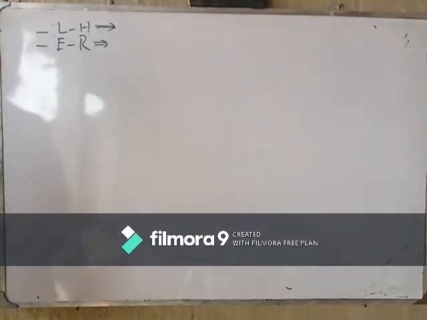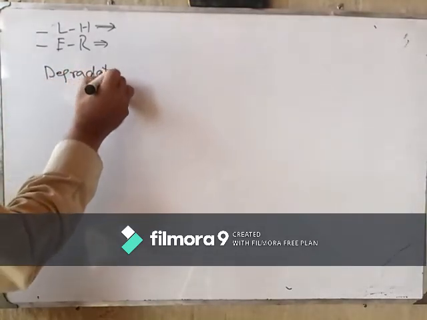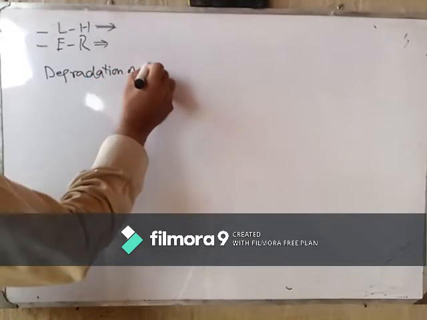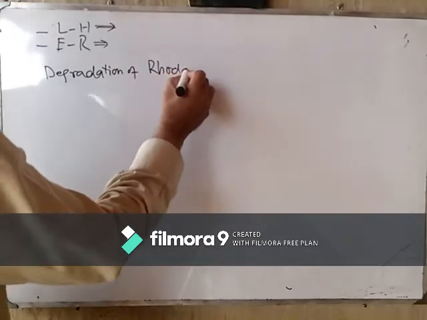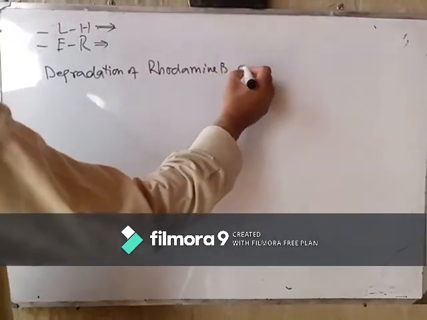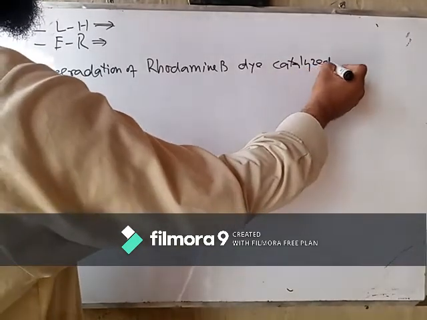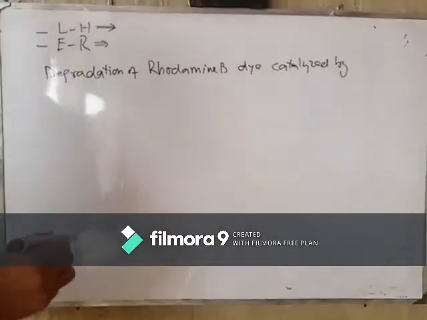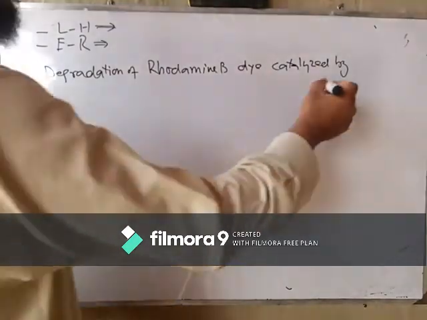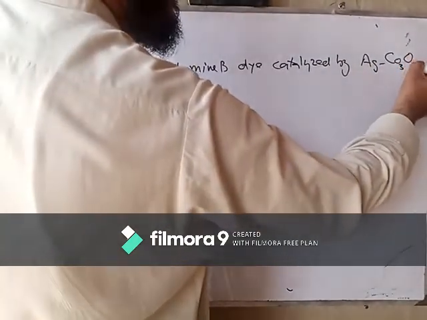A reaction is the degradation of rhodamine B dye catalyzed by a silver cobalt catalyst, AgCo3O4.